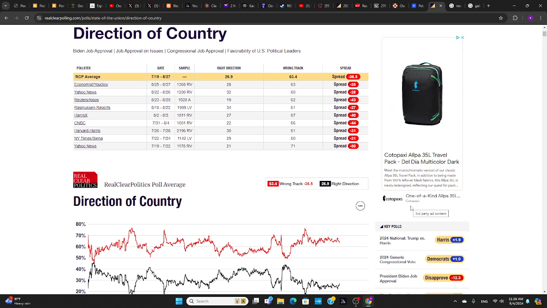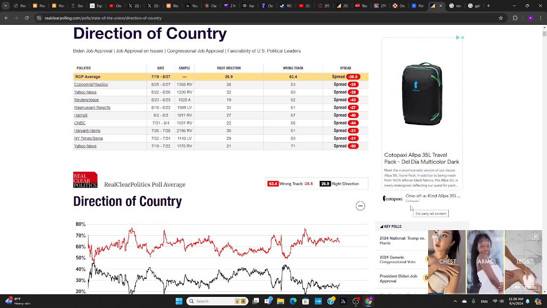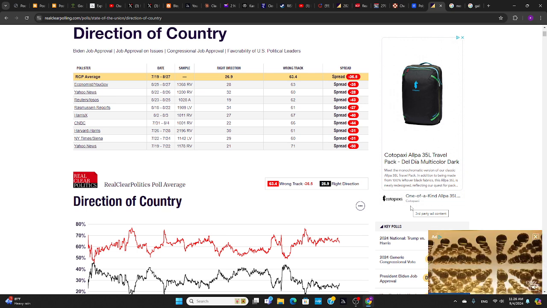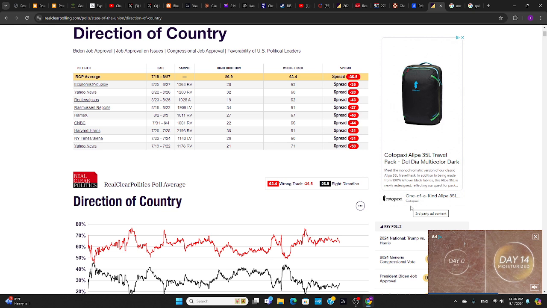So I would say it is indicative, but not as strongly indicative as it was in 1992, at least in terms of the size of the margin. Even despite this, we can expect a close election.